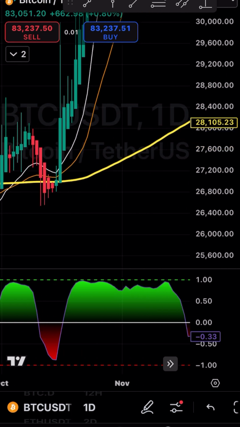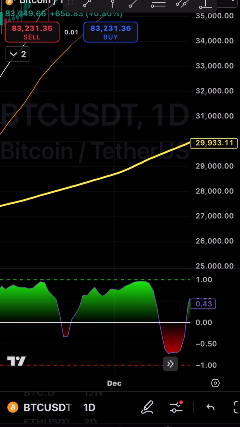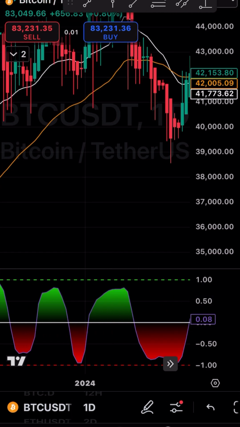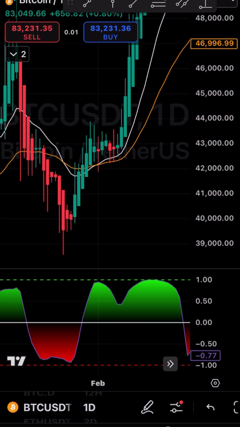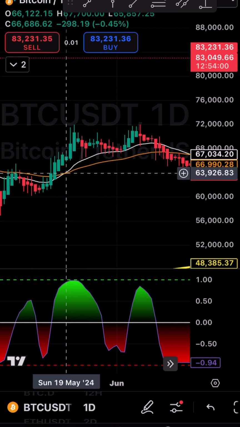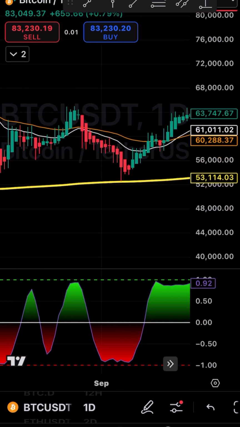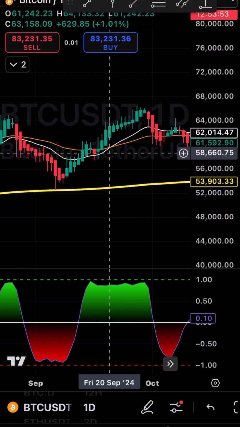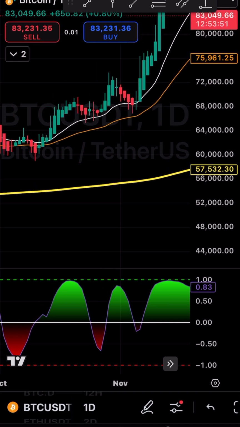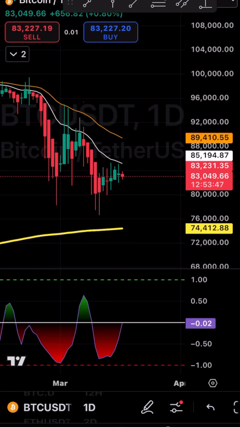And if you missed that, I would look for all the moments, since it's above the 200 moving average, when the 9 and 21 are crossing. You get a moment right here, a moment right here, a little moment right here, and a moment right here. And that's it for that.